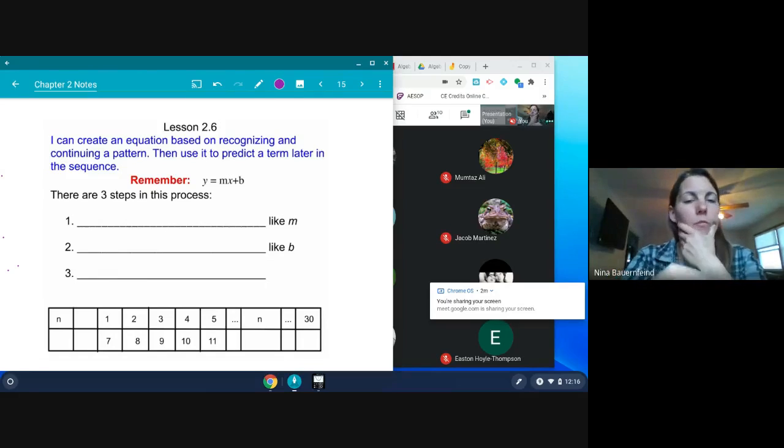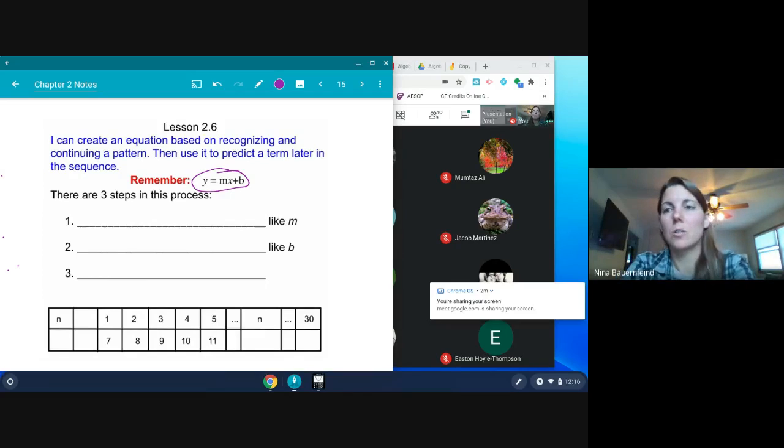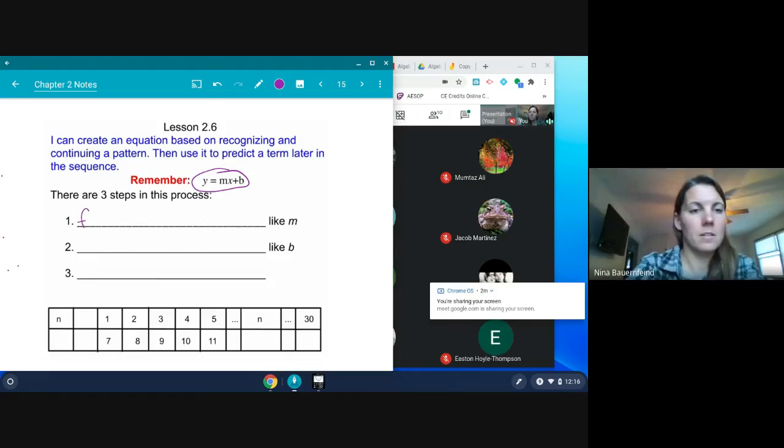And before we start, it's important for us to remember y equals mx plus b. That was an equation that we used in algebra, whenever you took algebra. So the first step in the process is to find the pattern.